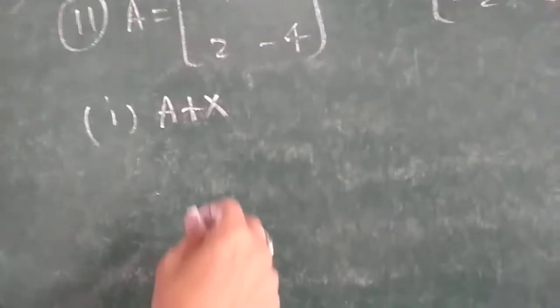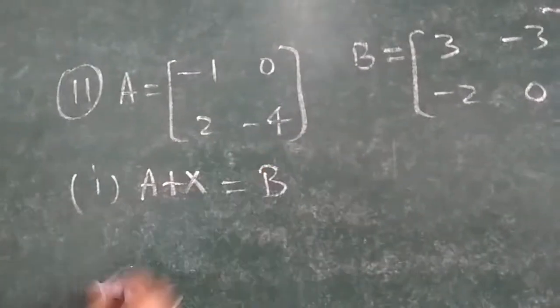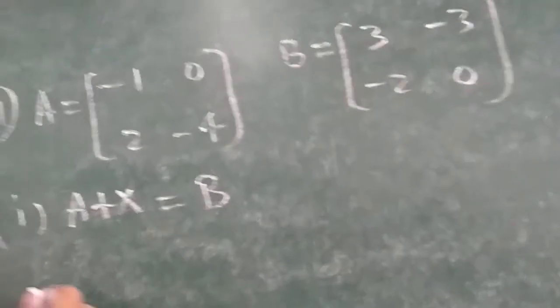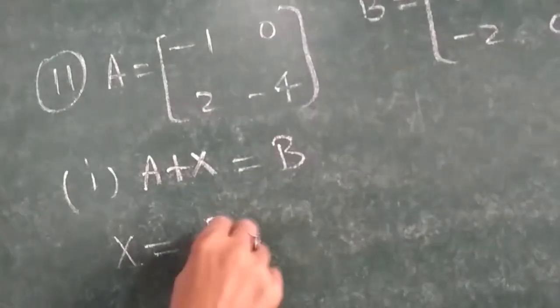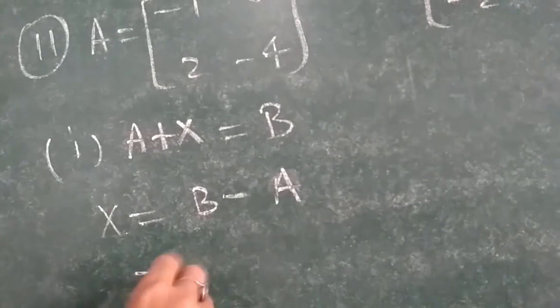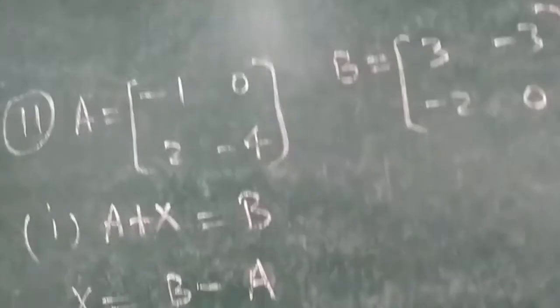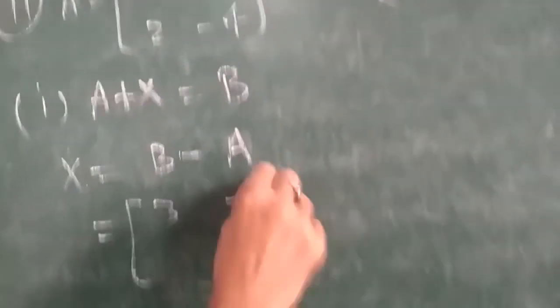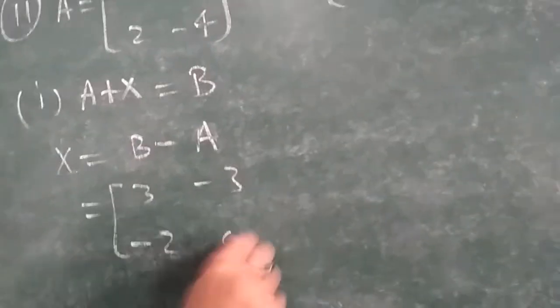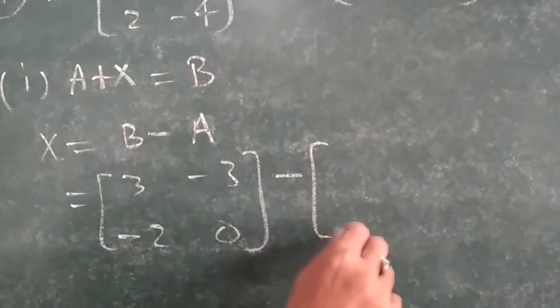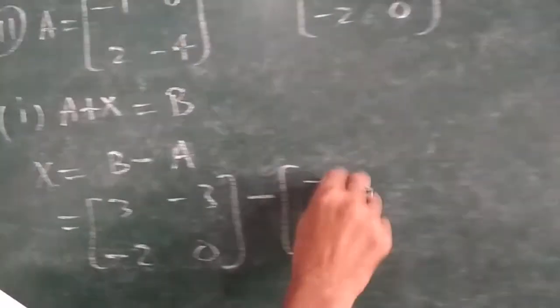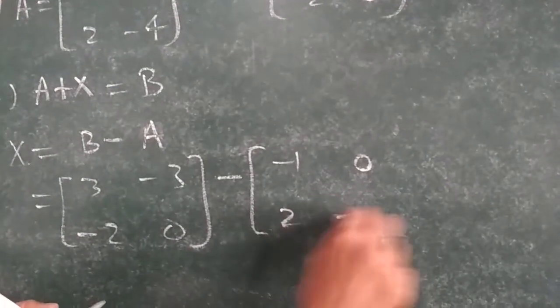Now find the matrix X. This starts: A plus X equal to B. It is very easy. Or you can write X equal to B minus A. First you solve it. B, this matrix 3, minus 2, 0. Minus A, minus 1, 0, 2, minus 1.